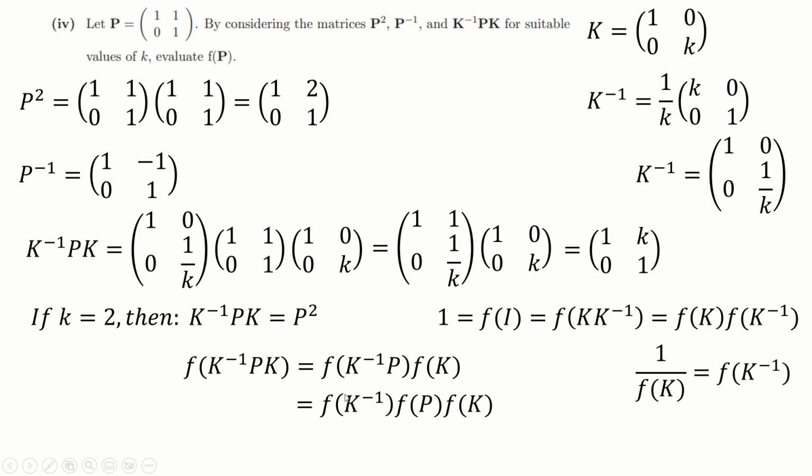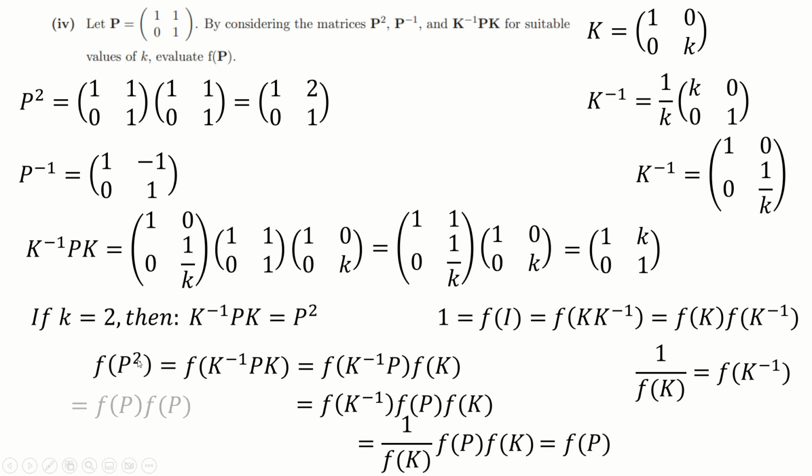So I can replace this guy here with just 1 over f of k, which will cancel because, of course, these are just numbers now, to make f of p. However, if little k was 2, this whole thing is p squared. So that equals f of p squared, which is f of p all squared. So therefore, running my equality all the way along, f of p all squared equals f of p.